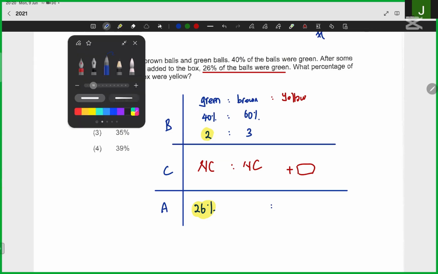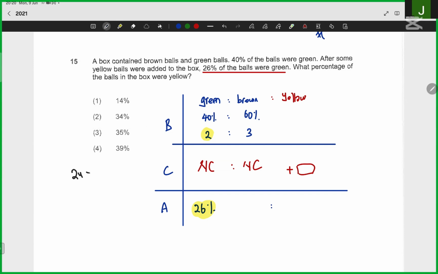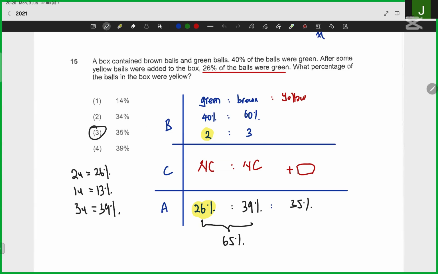So we can do a side working. If 2 units is equal to 26%, 1 unit is equal to 13%, then 3 units is equal to 39%, which means the brown now became 39%. So now this is 65%, which means that the yellow must now be 35%. So answer number 3.